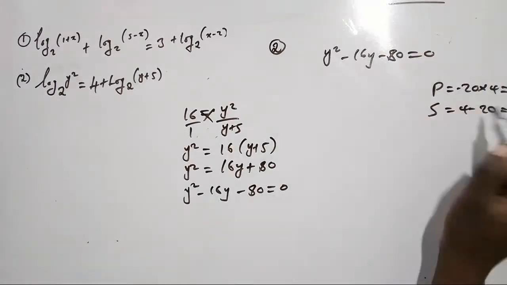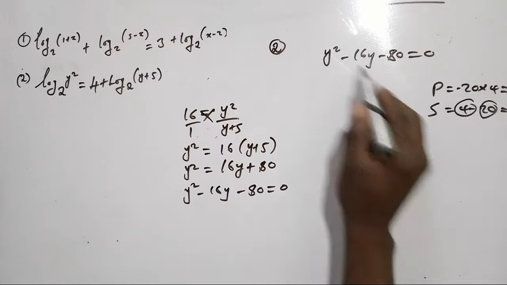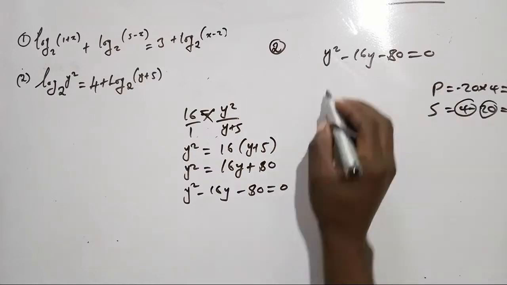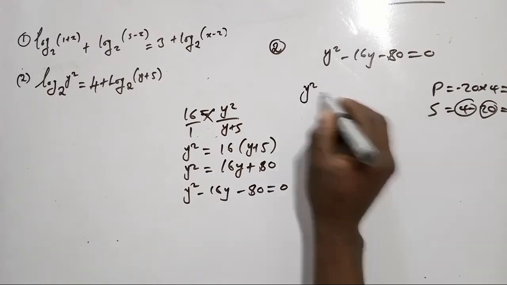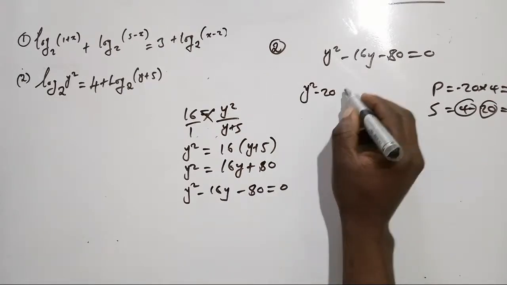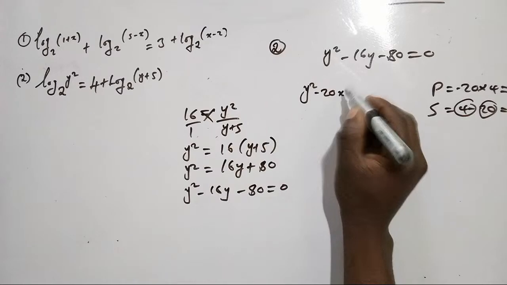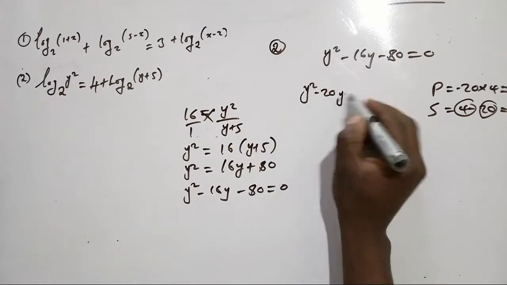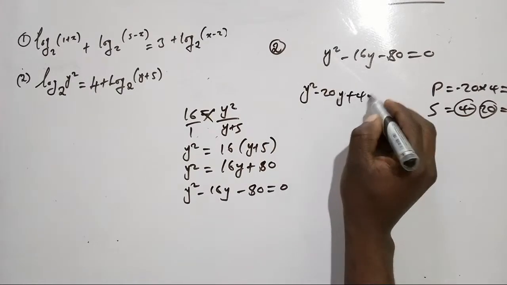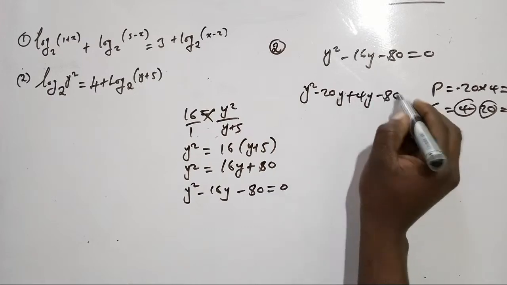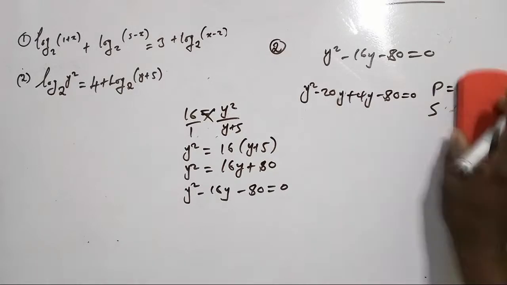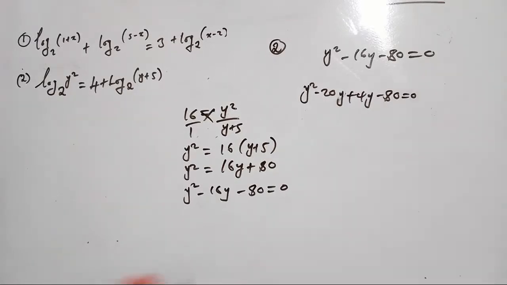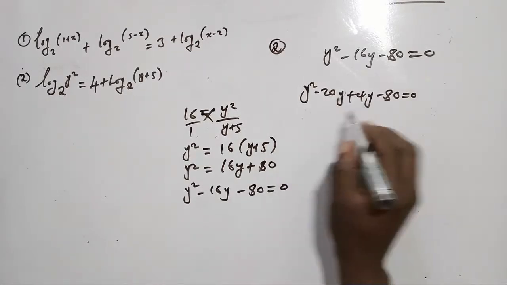So we are going to take these numbers into this quadratic equation, in which we're going to have y squared minus 20y, then plus 4y, then minus 80, which should be equal to 0, right? Then here you have to factorize now.